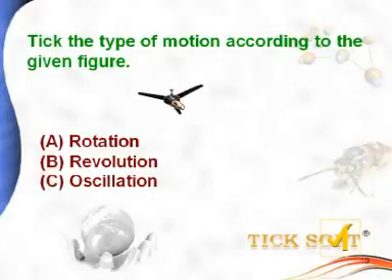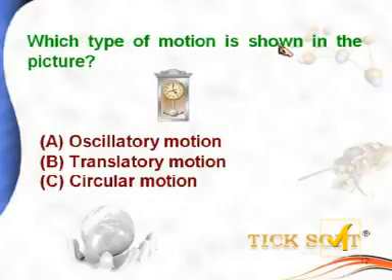The fan moves at a particular point, so it is called rotation. Rotation means the earth, when it moves on its axis, we call that rotation. Likewise, the fan moves round on its particular point. So this motion is rotation.